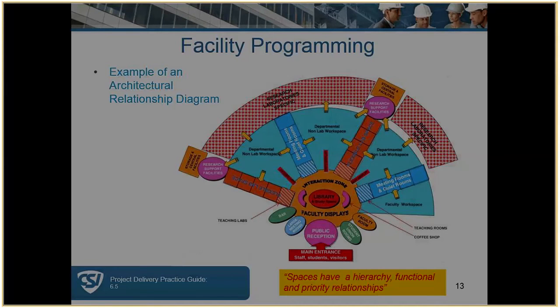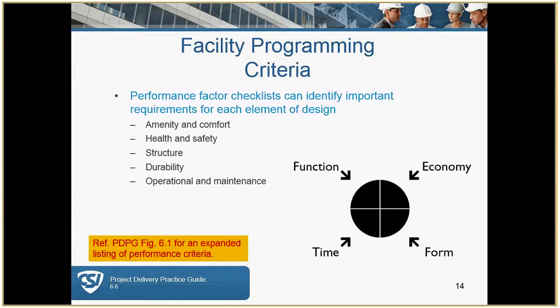Okay, again, we're going back to criteria, and this was on one of the previous slides. It was a table, and again, what are the 4 considerations? They're function, time, economy, form. And this is going to be on the exam. And highlighted in yellow, again, referencing the guide, there will be an expanded reference 6.1 in your guide for the expanded list of performance criteria.